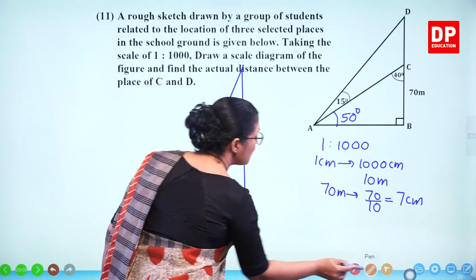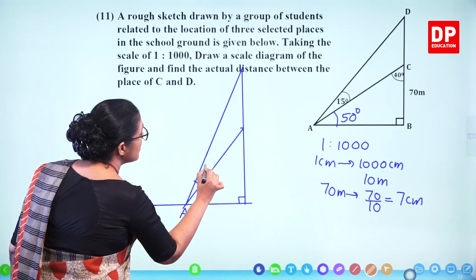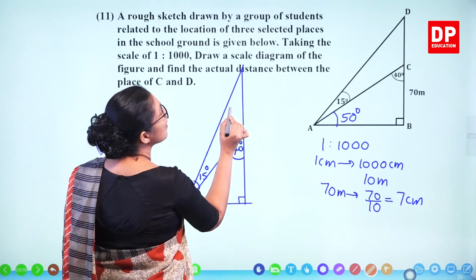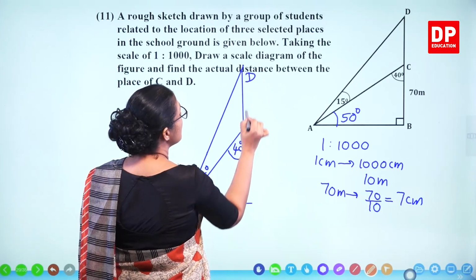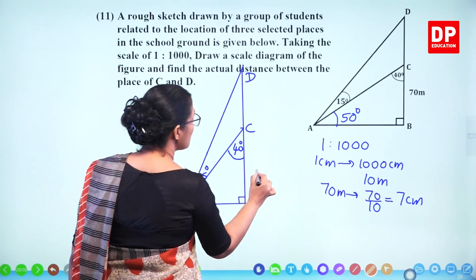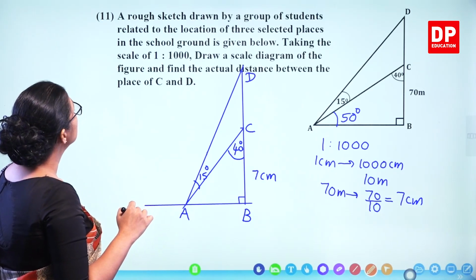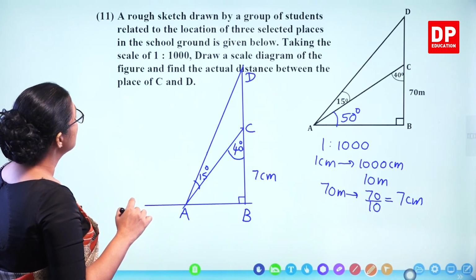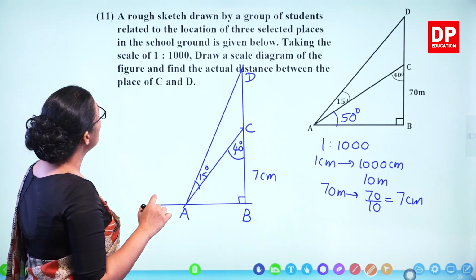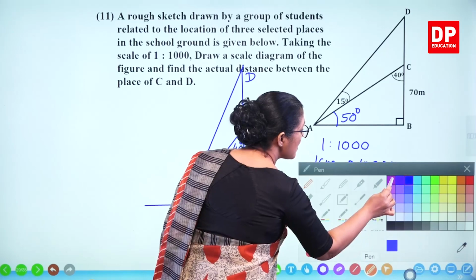Now we'll mark all the information. This is A. This is 15. This is 40. And this point is D. And this is C. This is B. We took 7 centimeters here. So mark C and D. So this is the diagram. Now we have to do the next part. So we'll see how many marks for this step.